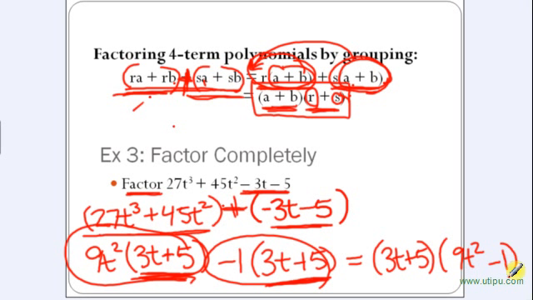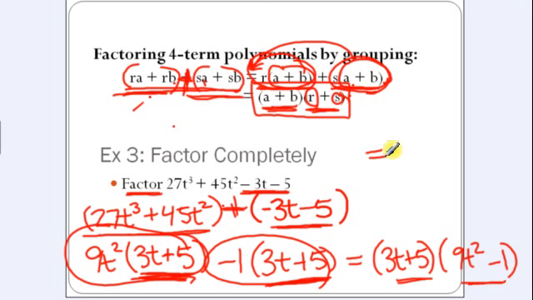Now, it feels like we should be finished, but we're not quite yet. 3t plus 5, I cannot factor that any further, so that's finished. However, 9t squared minus 1, I can factor further. I want to recognize that that is the difference of perfect squares, so it can factor into that sum and difference pattern.